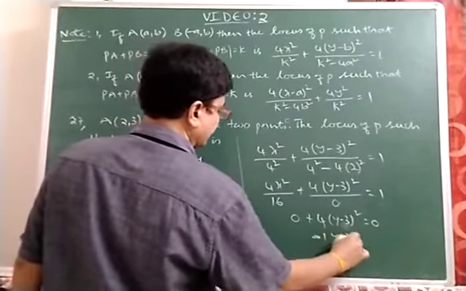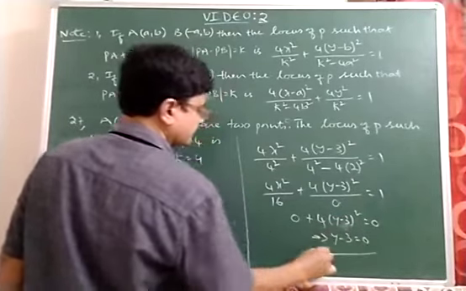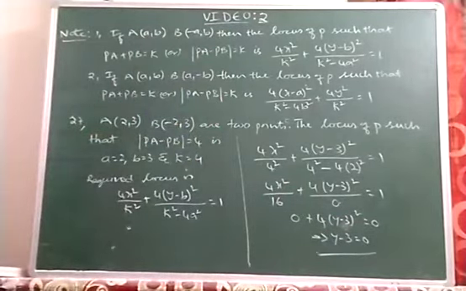That implies y minus 3 is equal to 0, which is the required locus.